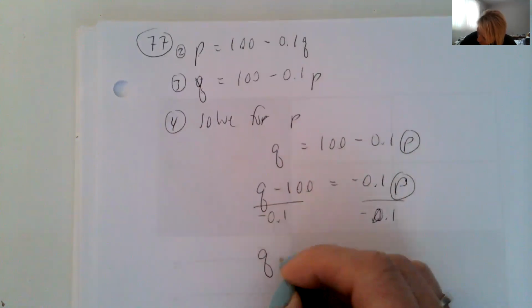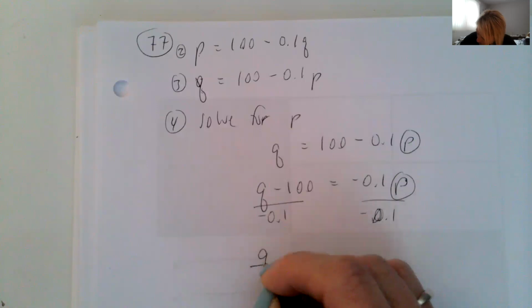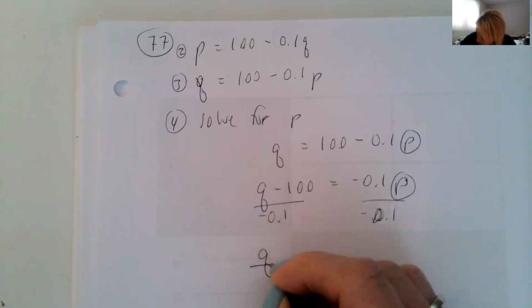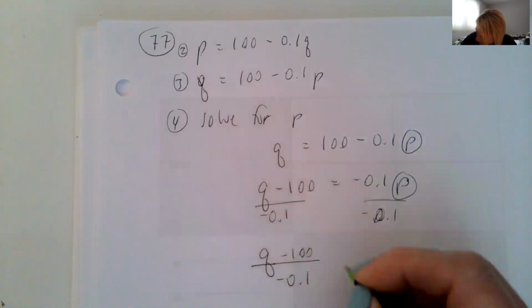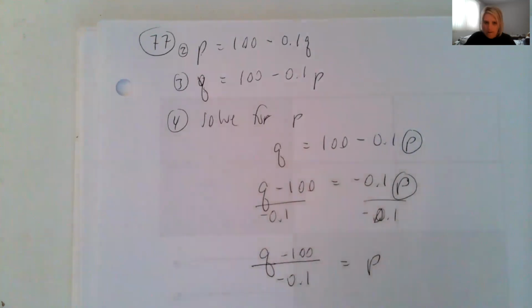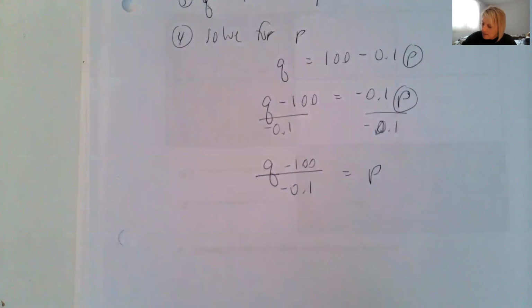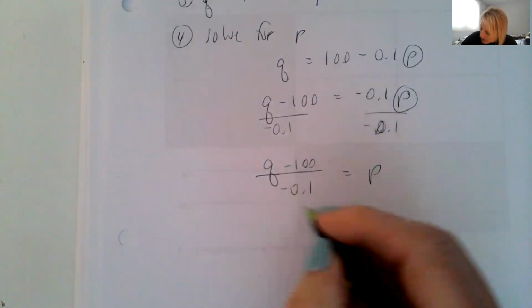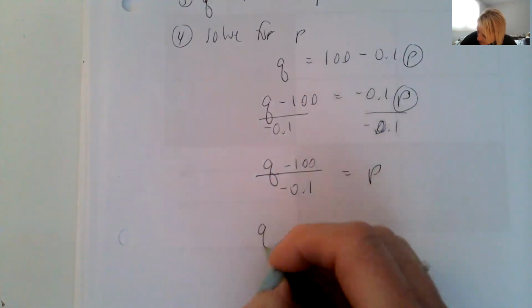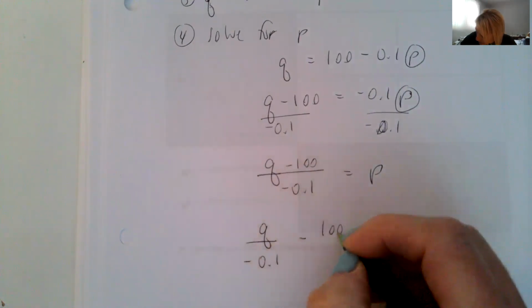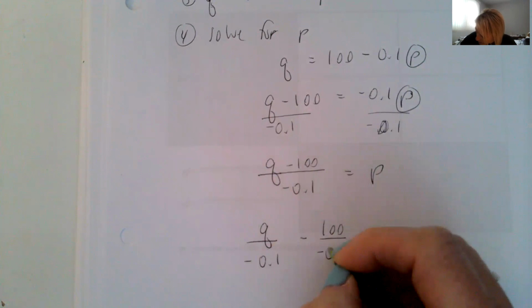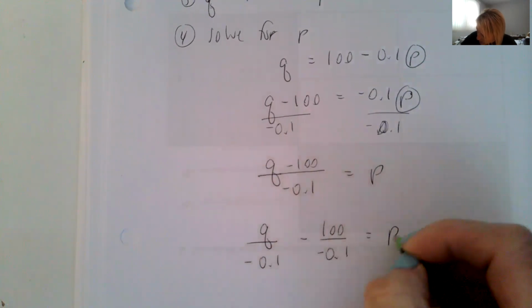So we're going to have Q minus 100 over negative 0.1 equals P. So that's one way you can write it. We can also break this apart and say Q over negative 0.1 minus 100 over negative 0.1 equals P.